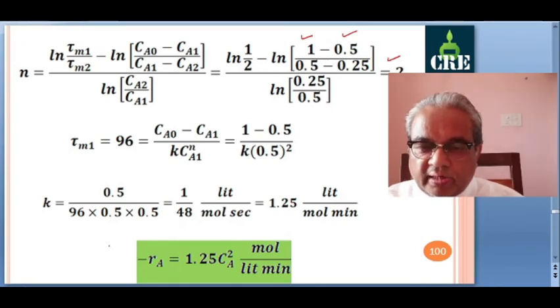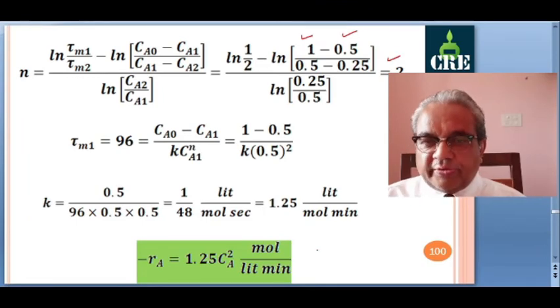So the rate law finally I can write as K we have evaluated 1.25, n is found out 2, so 1.25 into Ca square, and as this is liter per mole per minute, our rate will be expressed in moles per liter per minute.